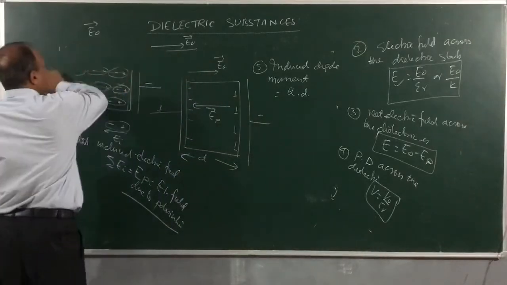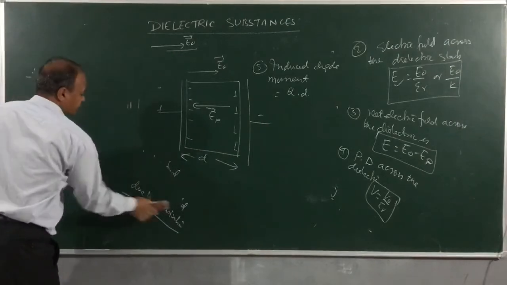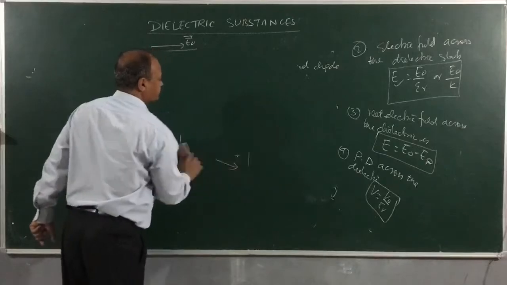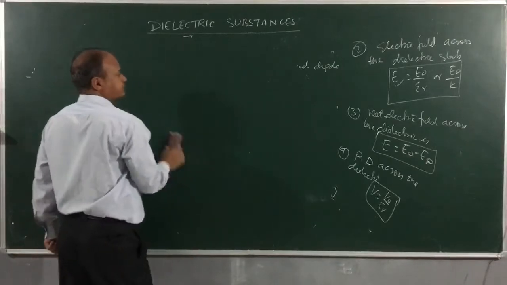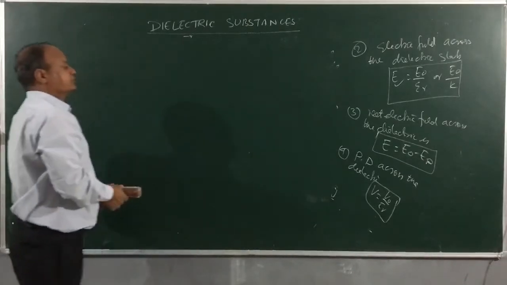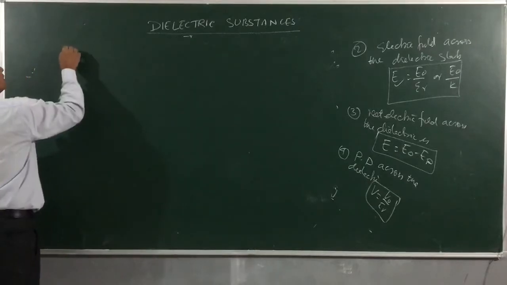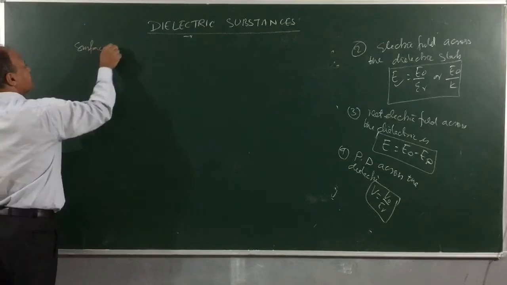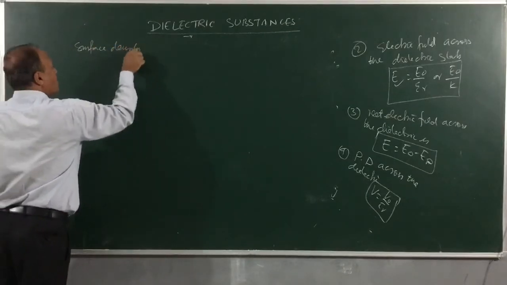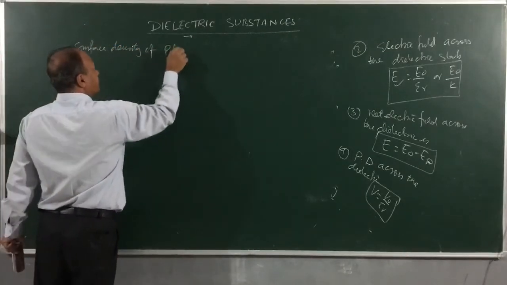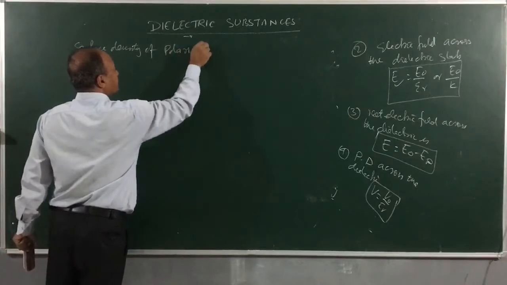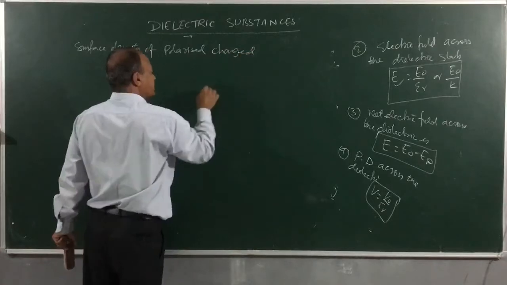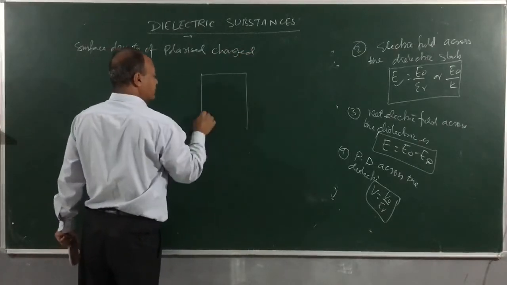Once you understood this, then we have certain key terms. Surface density of polarized charge. You see, this dielectric slab is getting what? Polarized.